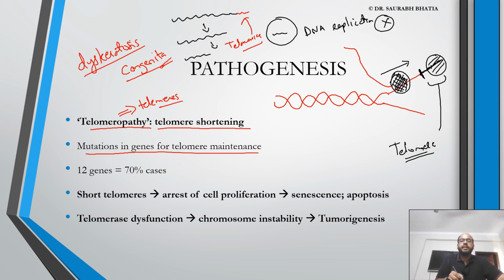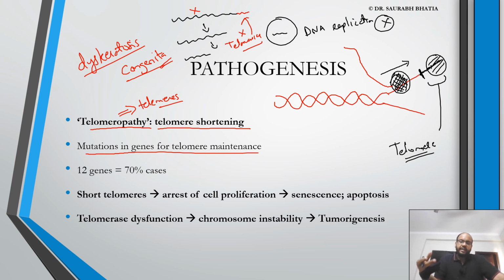But if there is a problem in either telomere or telomerase or the mechanism of lengthening of telomere, it will lead to dyskeratosis congenita. Multiple types of proteins are required for this replication of telomeres, and if there's a mutation in any of them, you will have dyskeratosis congenita.